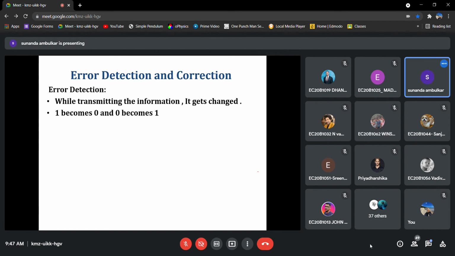So when data is transmitted or stored somewhere and after a certain time we check it, we find that the data is lost, or altered after transmission. Here we are talking about the digital domain.